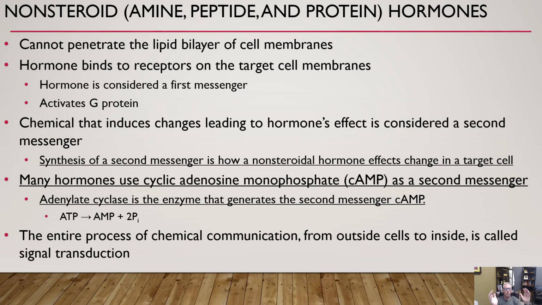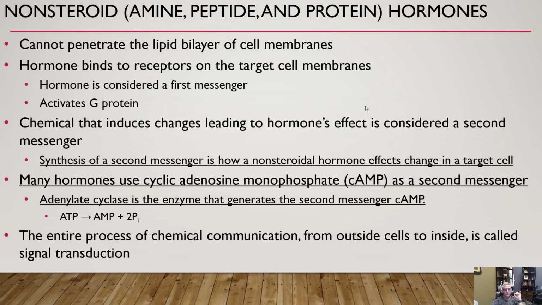So what we're doing with adenylate cyclase is we're taking ATP, remember adenosine triphosphate, and in the presence of adenylate cyclase, we'll create AMP, adenosine monophosphate, and we'll get rid of two phosphate groups off of the ATP.